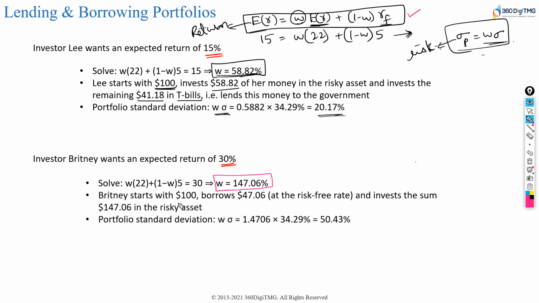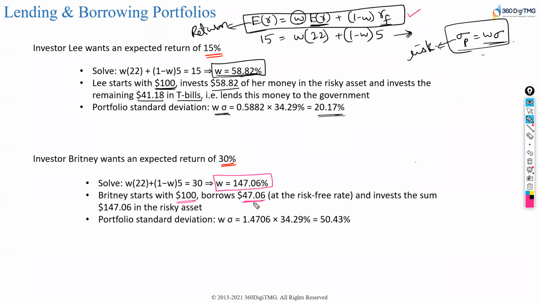That is, if Brittany starts with $100 of investment, you can only invest $100. But how can you invest $147? That means $47.06 extra is what you need. Because Brittany's expectations are high. Brittany wants more money, more returns, meaning you have to invest more. Simple.